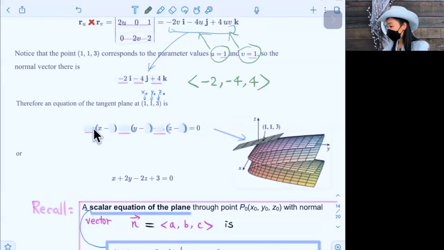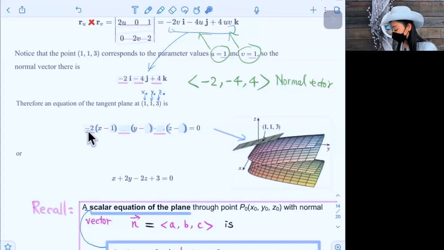So go back over here using that equation. What's the equation for the tangent plane? We know it passes through this point 1, 1, 3 with this normal vector. What should I put over here? That will be negative 2, right? Negative 2 times x minus 1.